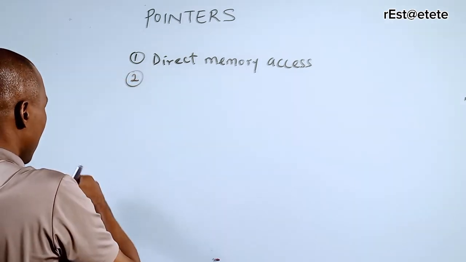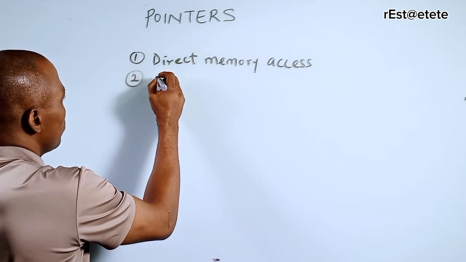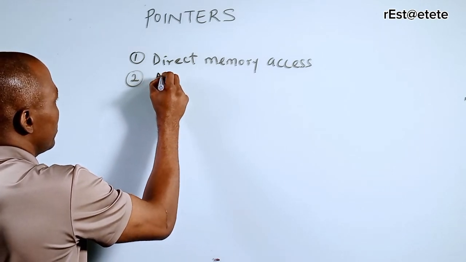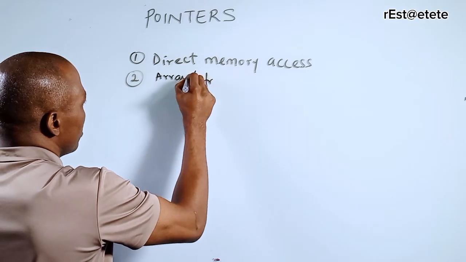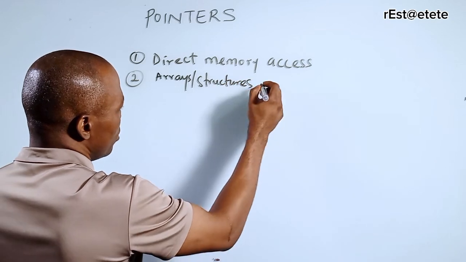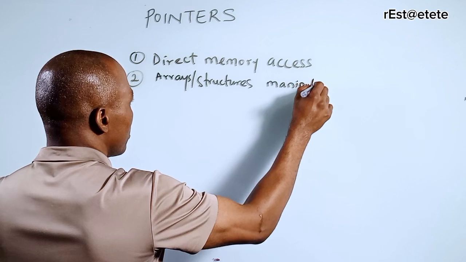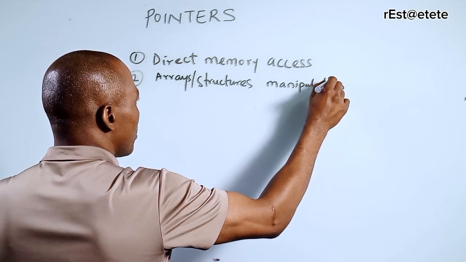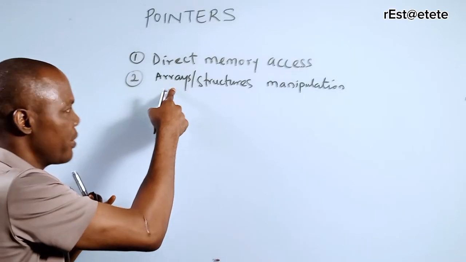Two, it allows you to manipulate arrays and structures. You are still going to do structures manipulation, but you saw me use it in arrays, and you can see how we pass arrays by reference.